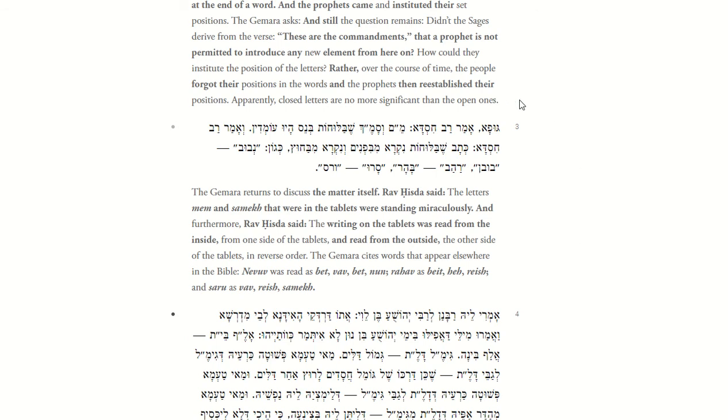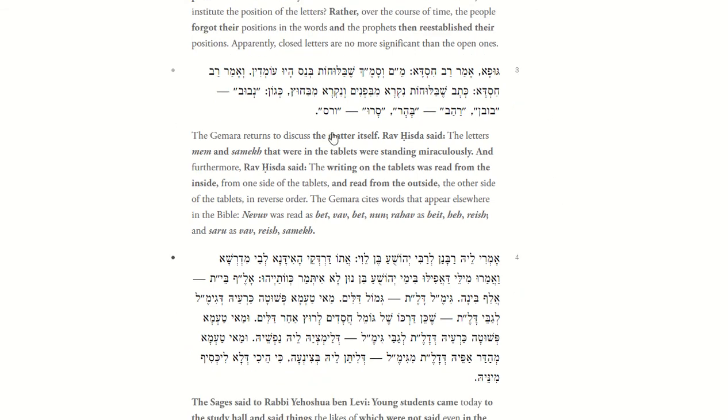The conclusion, I think, ultimately being there's no real difference between the middle and the final letters as far as their status in Torah, because they existed in Torah when it was given, and they're equal, apparently.